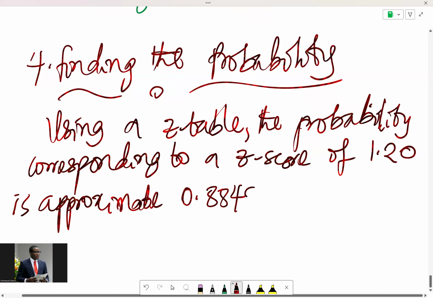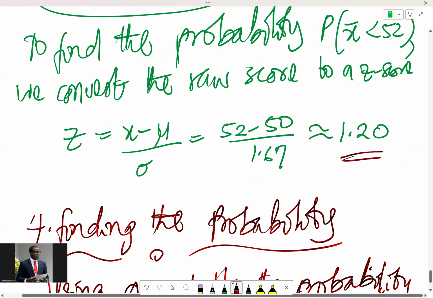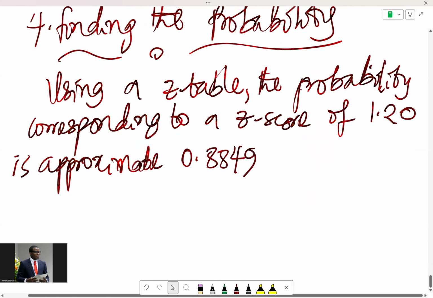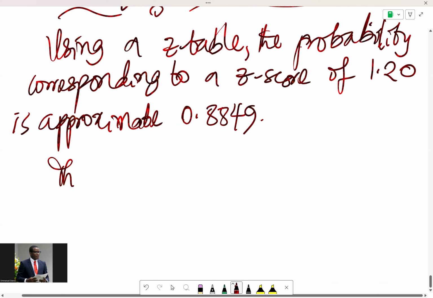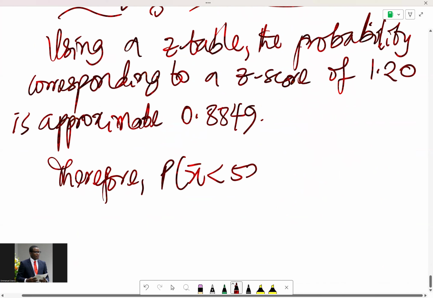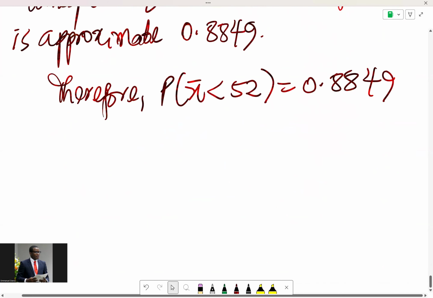Okay, so we got a z-score of 1.20. So the probability corresponding to that is actually 0.8849 if you use the table, so you can check. So therefore, the probability that X bar is less than 52 is equal to 0.8849.